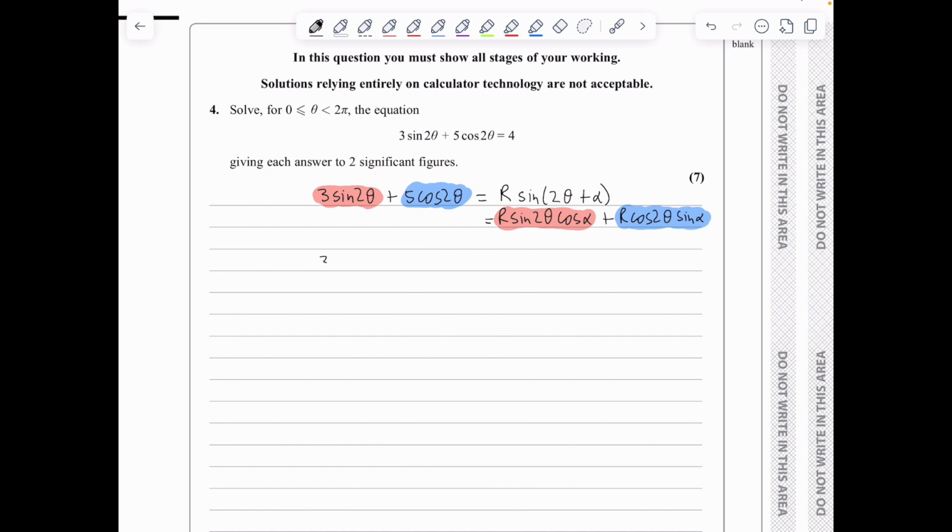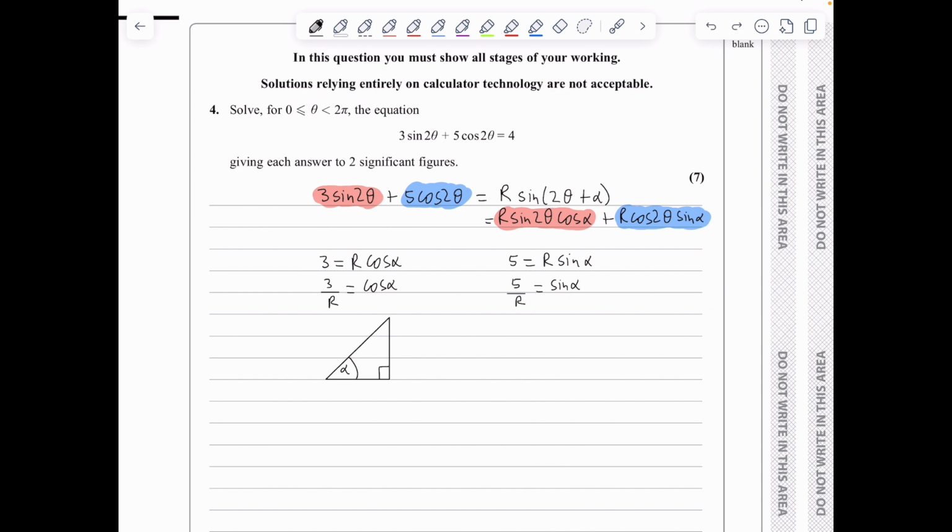This means that we've got 3 is equal to R cos alpha and 5 is equal to R sine alpha, leading to 3 over R is equal to cos alpha and 5 over R is equal to sine alpha. I can then draw a right angle triangle as shown here.